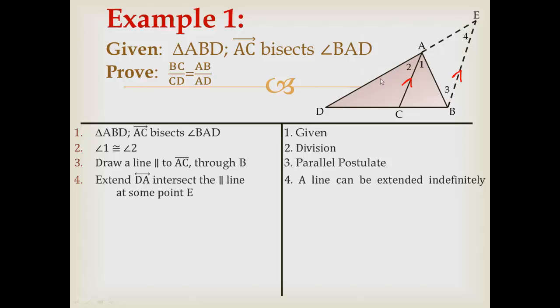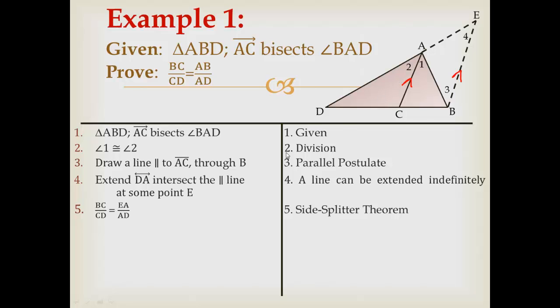We would then extend DA to intersect the parallel line at some point which we would call E, and that is because a line can be extended indefinitely. Basically, it can go on as much or as far as you want it to.